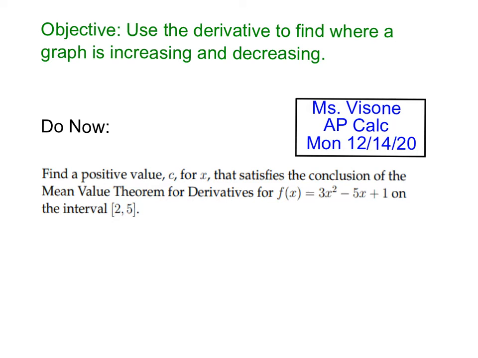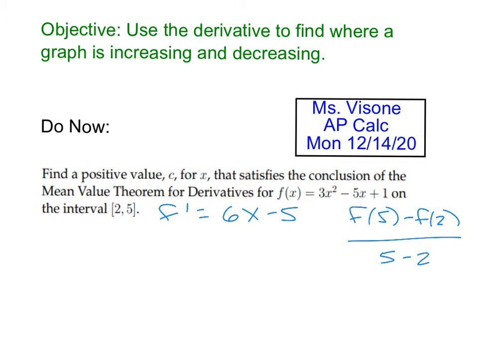So for the mean value theorem, we let the derivative, f prime, which is 6x minus 5, equal to the average rate of change. The average rate of change is f of 5 minus f of 2 over 5 minus 2. So 6x minus 5 equals, let's see, f of 5.